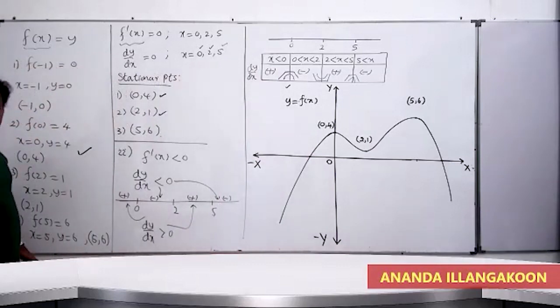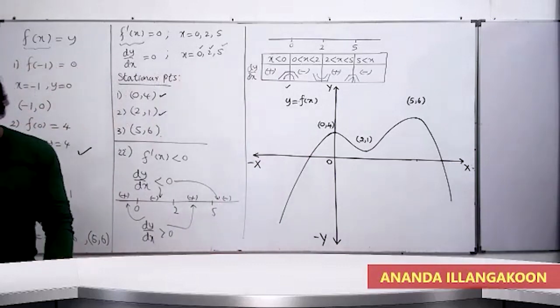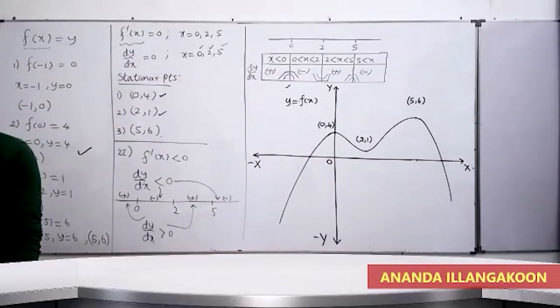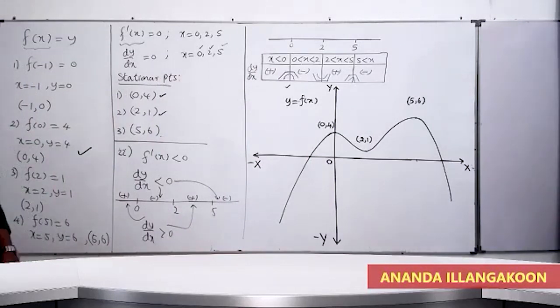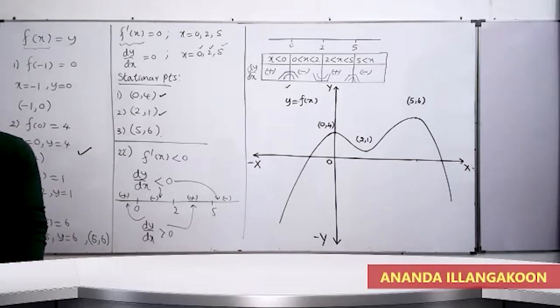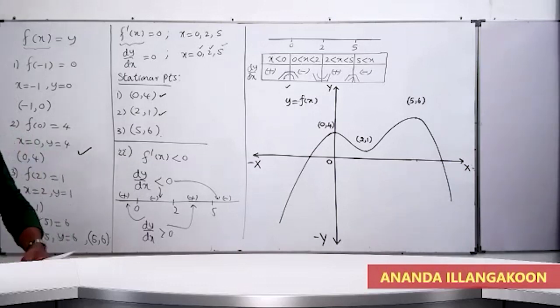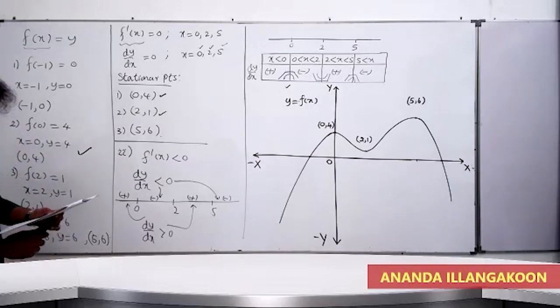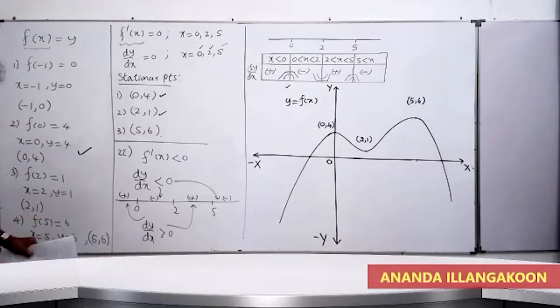In the question we are given f(6) is 0, and f(-1) is 0.